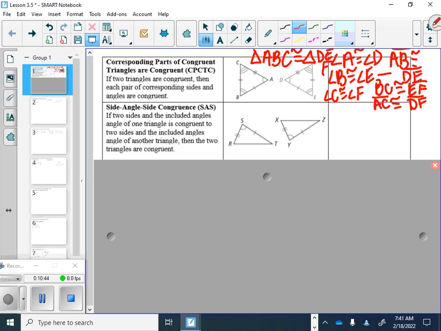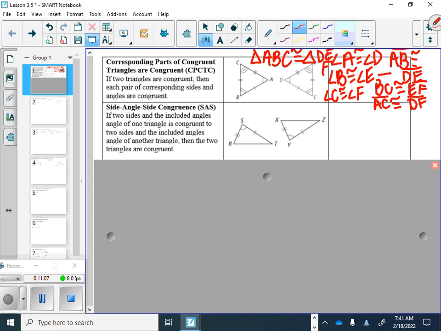One more time. An included angle is the angle between the two sides. So if two sides and the included angle of one triangle are congruent to two sides and the included angle of another triangle, then the two triangles are congruent by side angle side.